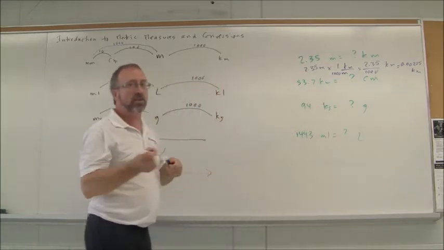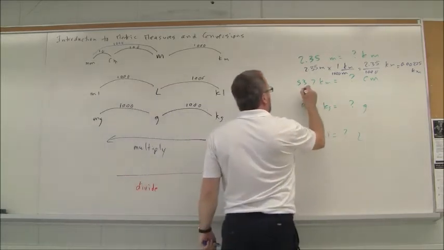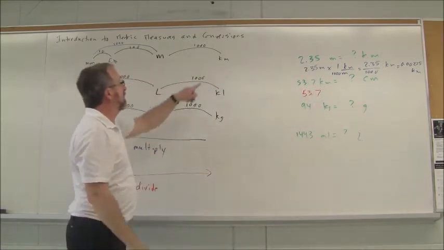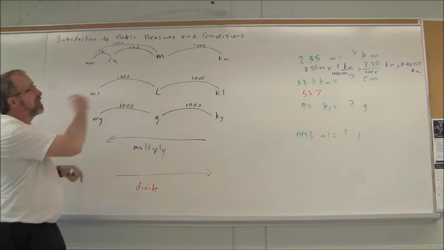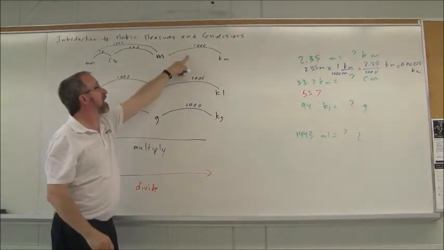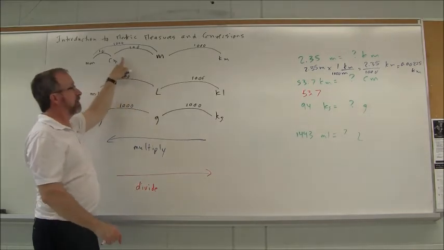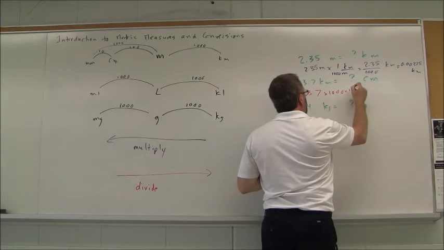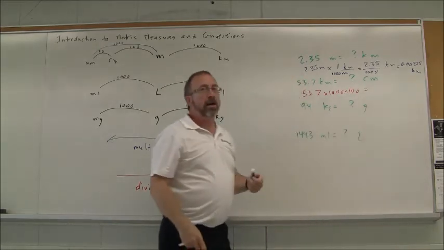53.7 kilometers, and I want to see how many centimeters it is. So 53.7, that's kilometers, and I'm going to centimeters. So I'm going this way. There's going to be more because they're smaller units. So I'm going to multiply times 1,000 to get millimeters, then times 100 to get centimeters. I don't need a calculator.